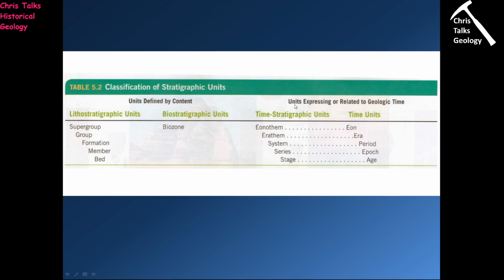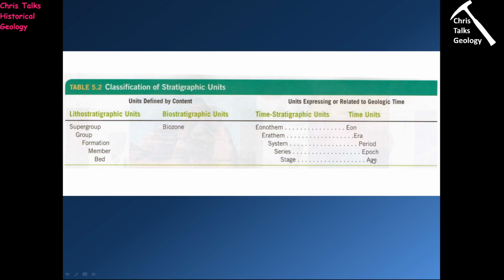Then over here we have the units expressing or related to geologic time. We have the time-stratigraphic units, where down here we have systems. This is the set we've been talking about already, the ones that Murchison and co were coming up with. And over here, we have a different set of units which are called the time units. These are the ones that you are familiar with from the geologic timescale: the eons, the eras, the periods, the epochs, and the ages.